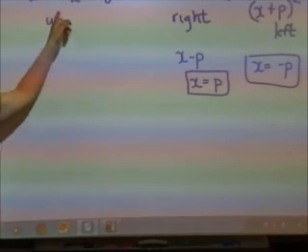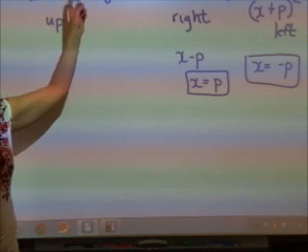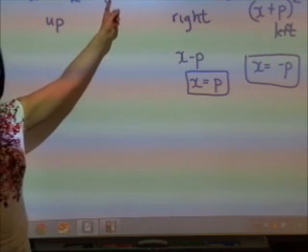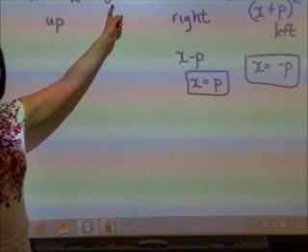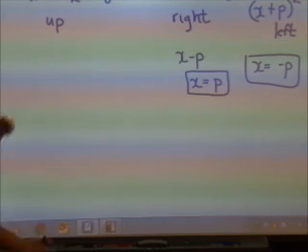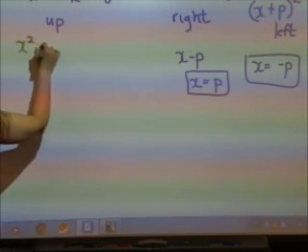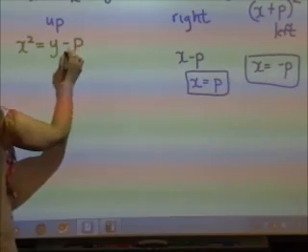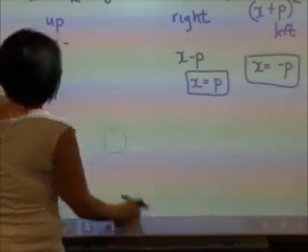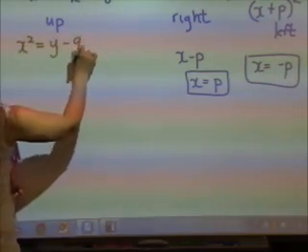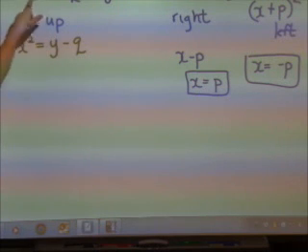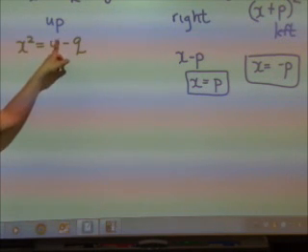If I'm going up or down, what coordinate is being impacted? The x coordinate or the y coordinate? The y coordinate. So if I put q over with y, this is what I get. This is the exact same equation. I've just moved the q to the other side.